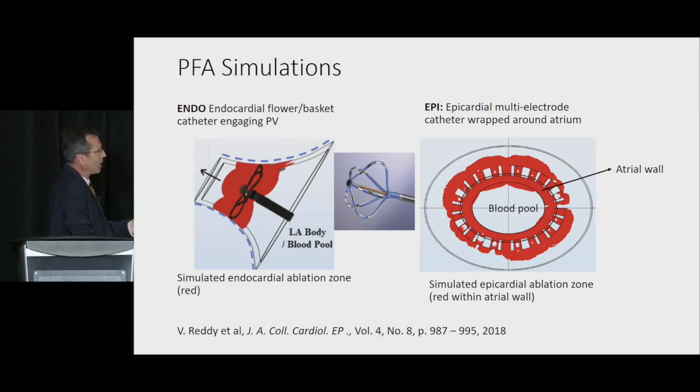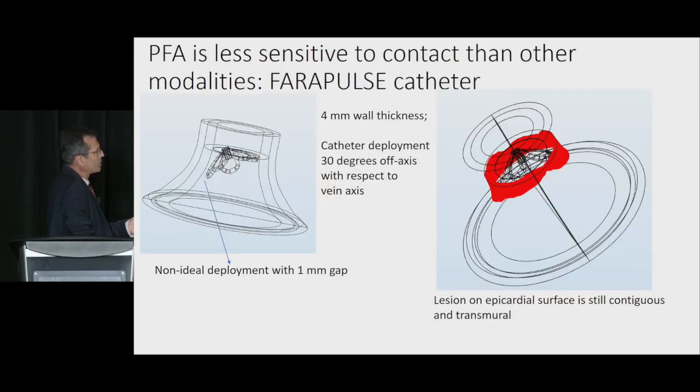This is again the Farapulse catheter. This is a simulation of a pulmonary vein, and you see that in this case we get a pretty large lesion at the ostium of the vein, it's pretty robust to some off-axis deployment of the catheter. Here with 30 degrees, we still maintain a nice circular lesion.